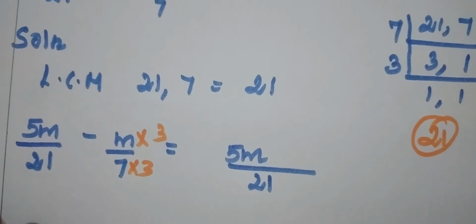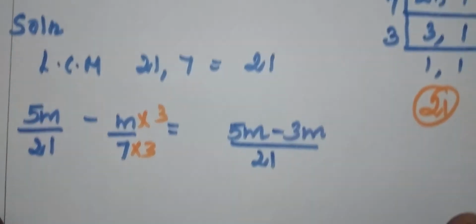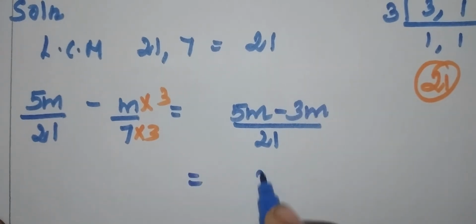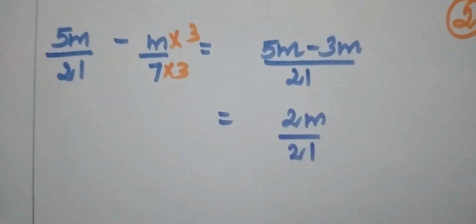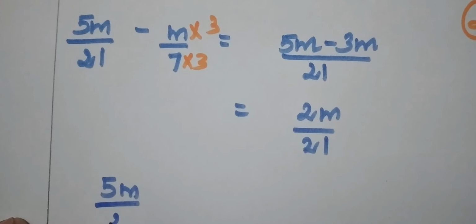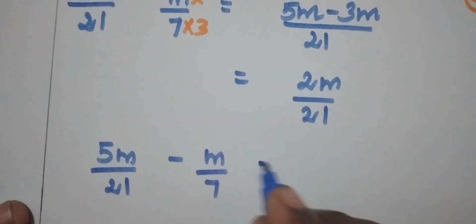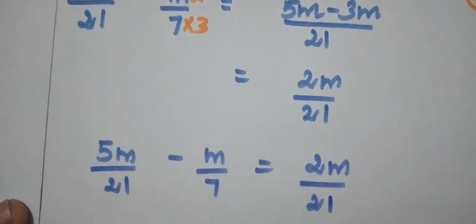So m into 3 is 3m, minus 3m. So what's the value of 5m minus 3m? Yes, 2m divided by 21. So answer is 5m by 21 minus m by 7 is equal to 2m by 21. Is it clear, children? Yes.